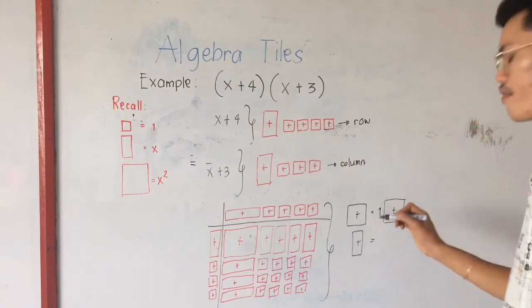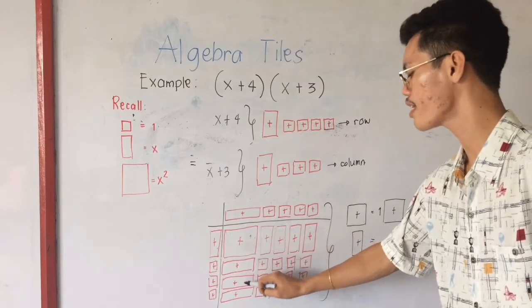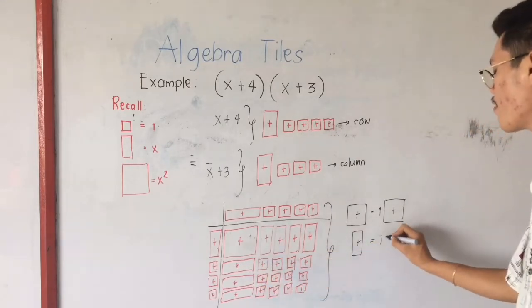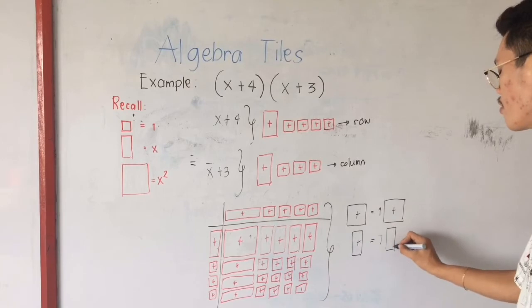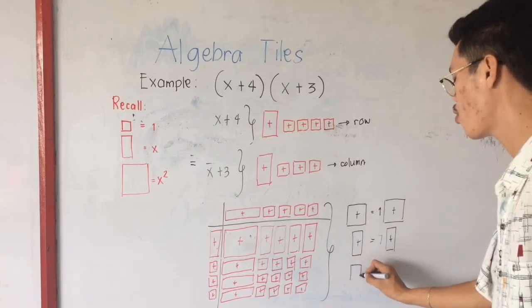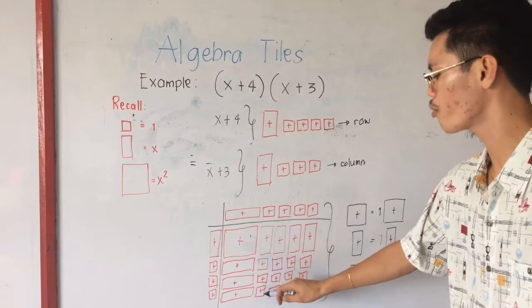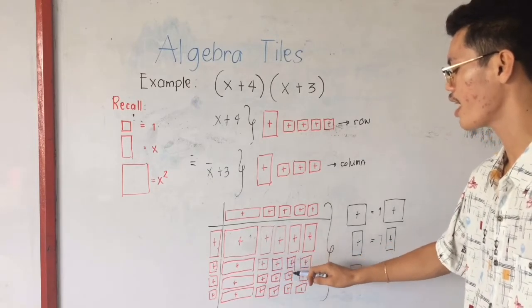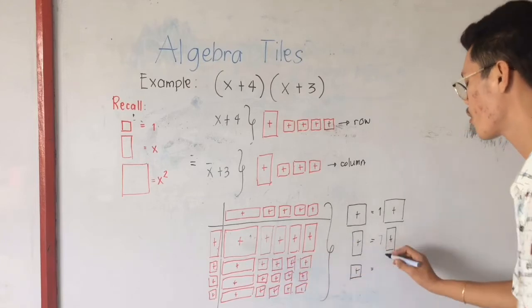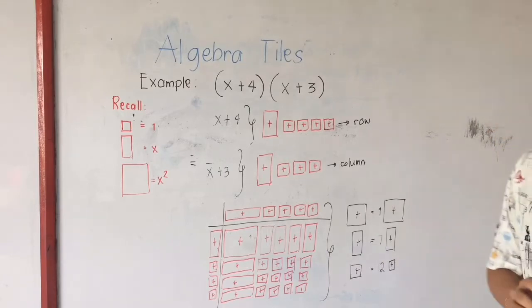That is positive. So we have to count. 1, 2, 3, 4, 5, 6, 7. So there are 7 positive rectangles. Next is how many small squares? That is positive. So we have 1, 2, 3, 4, 5, 6, 7, 8, 9, 10, 11, 12. So there are 12 positive small squares.